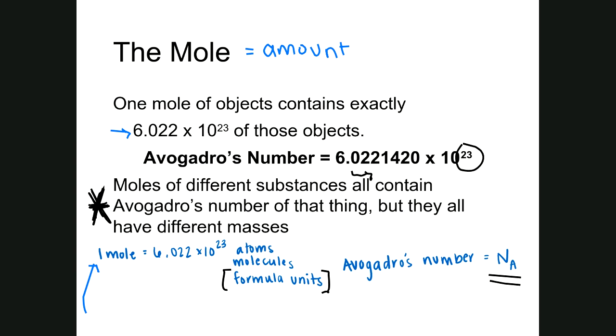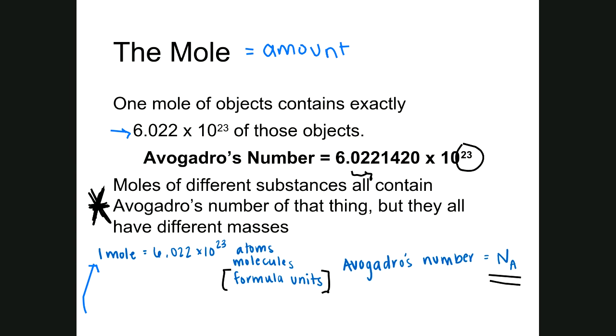I can have a mole of bricks or a mole of feathers. Both of those piles will contain 6.022 times 10 to the 23rd of that object. But a pile of bricks and a pile of feathers are going to have vastly different masses. So I do want to point that out before we start to see the mole in a little bit more light.